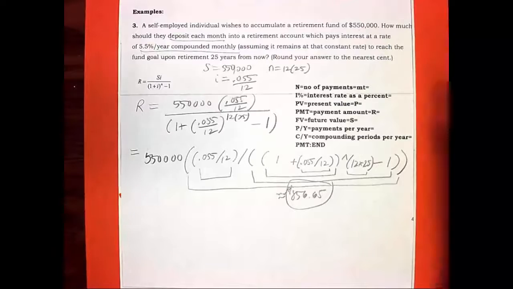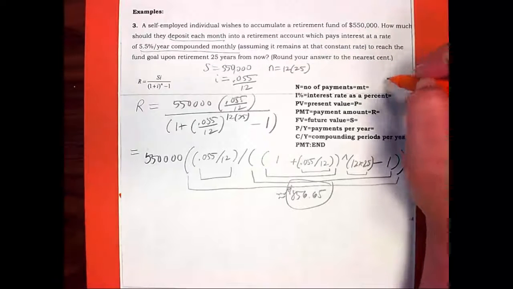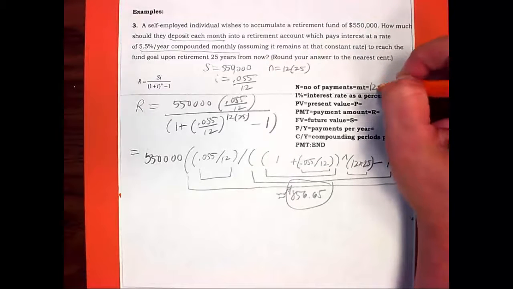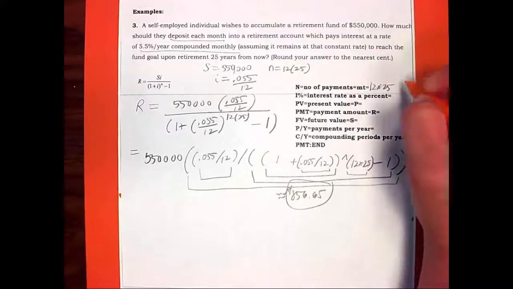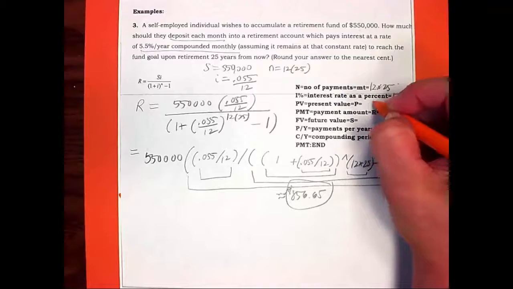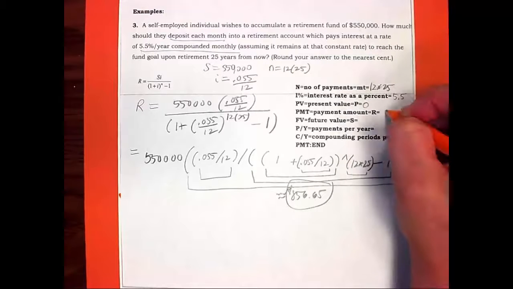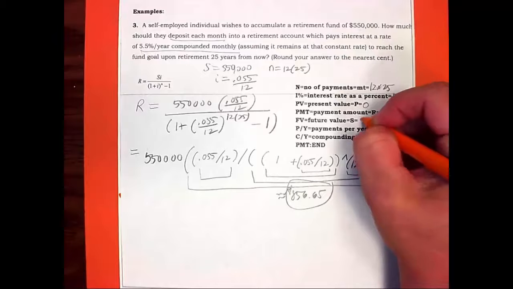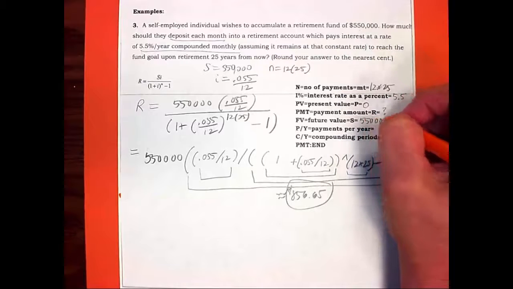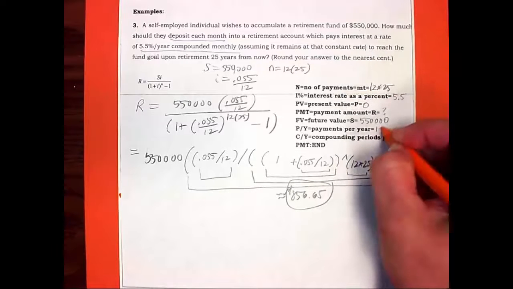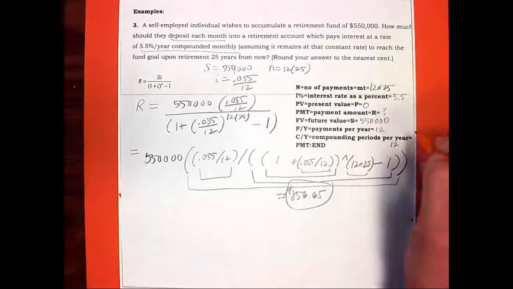So let's do the same thing on the TVM solver. N is equal to MT, so that's that 12 times 25. Our interest rate is 5.5. Remember, we don't put it into a decimal. Present value right now is equal to 0. The payment is what we're trying to figure out. The future value we want to reach is $550,000, and we're compounding monthly, so 12.